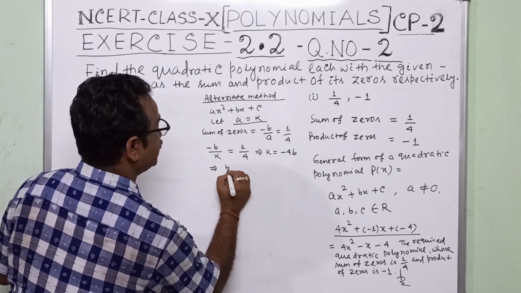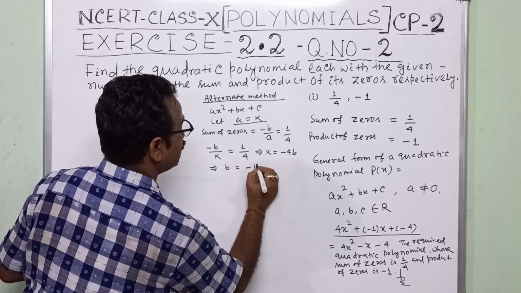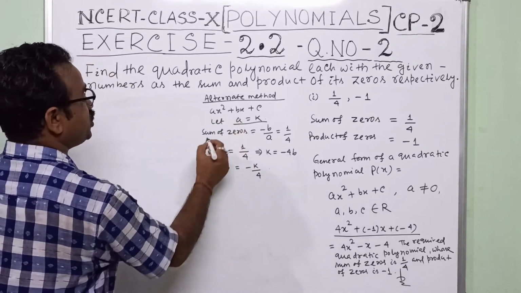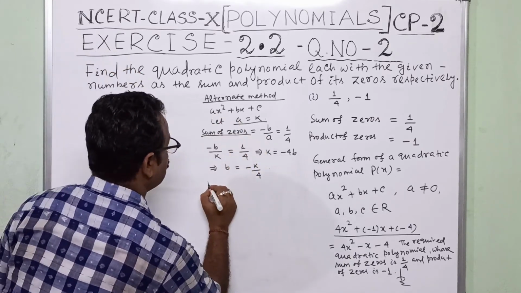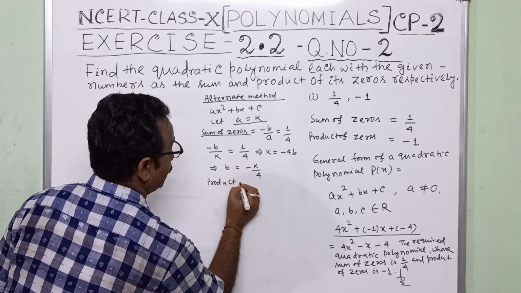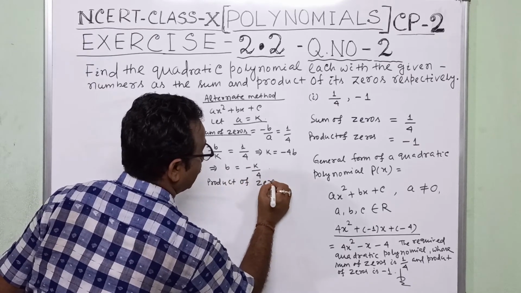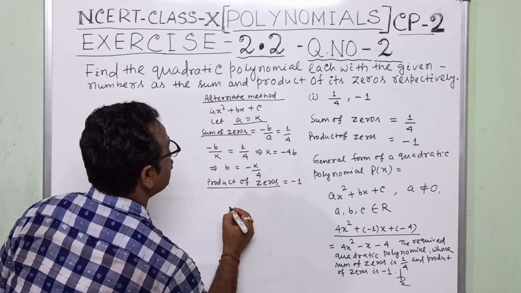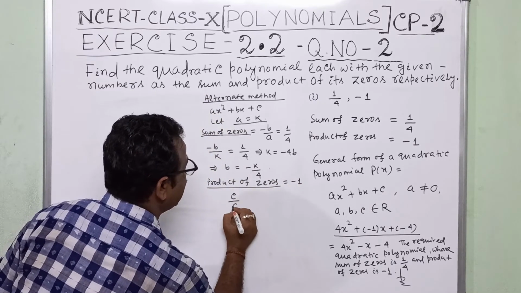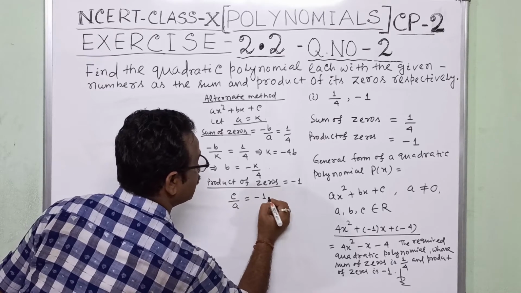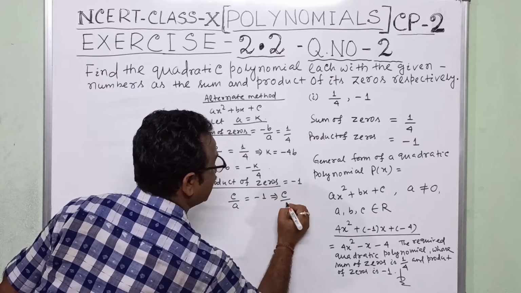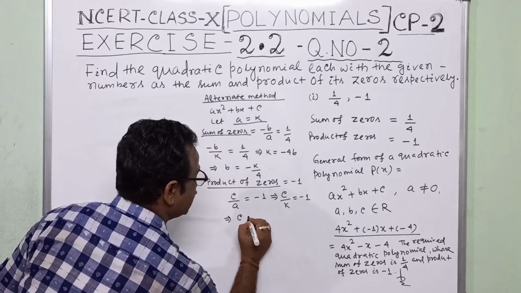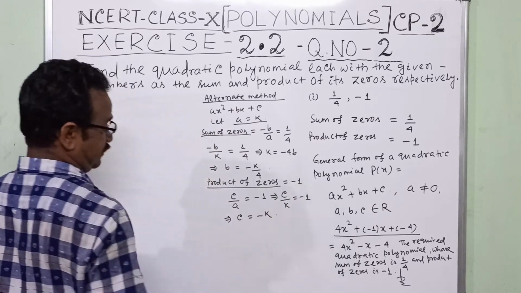That implies b is equal to minus k by 4. Now product of zeros is equal to minus 1. So product of zeros is what? c by a is equal to minus 1. That implies c by k is equal to minus 1. That implies c is equal to minus k.